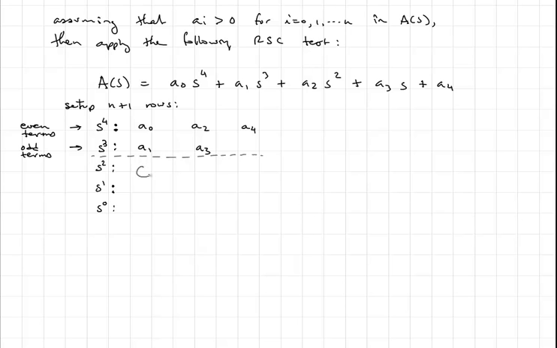We will compute this value here in the first column, third row, by taking the difference of a product. We're going to take A1 times A2, this product here, minus A0 times A3.